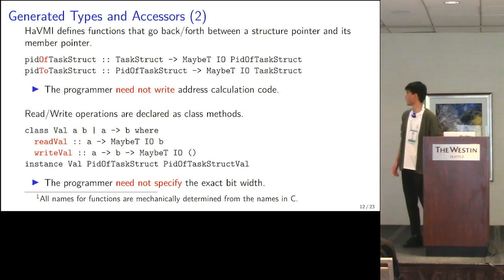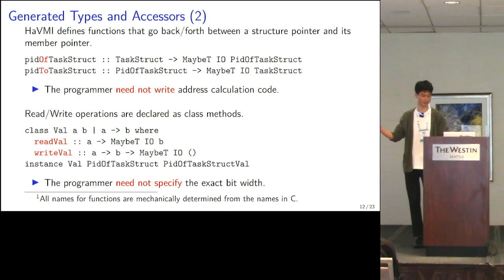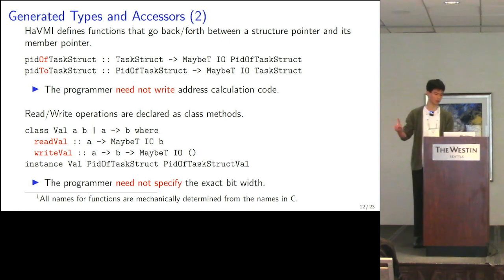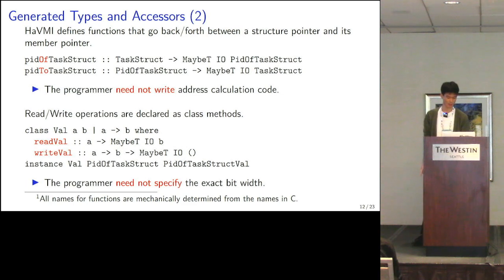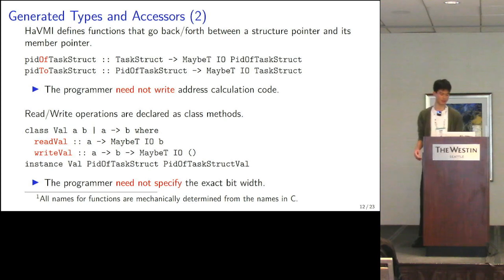And then, having declared the data types in the previous slide, HaVMI defines functions that go back and forth between a structure pointer and its member pointer. And by providing these two functions, the programmer need not write address calculation code in their programs.